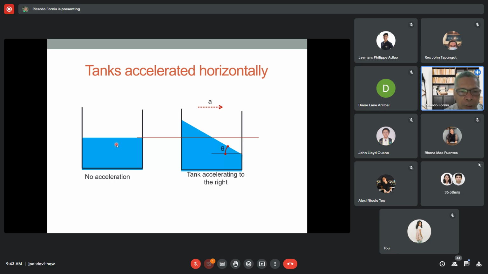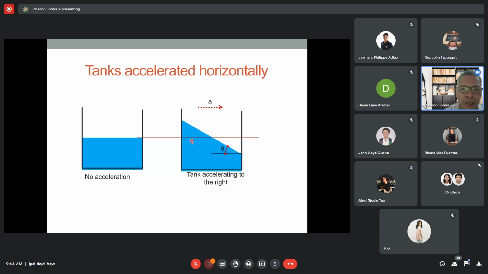But if you accelerate the tank to the right side, the liquid surface inside the tank will assume an inclined position. So there is an angle theta, and this position is fixed relative to the tank, meaning the liquid inside will not keep on moving. It will stay in this position. That's why we call it relative equilibrium.